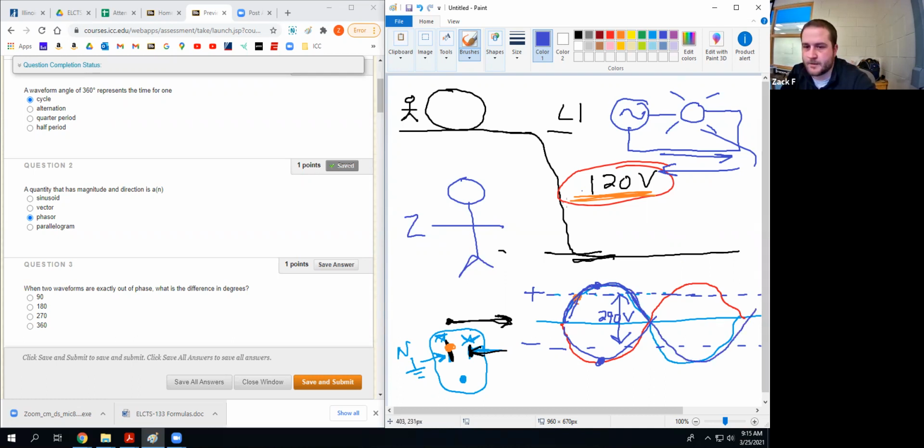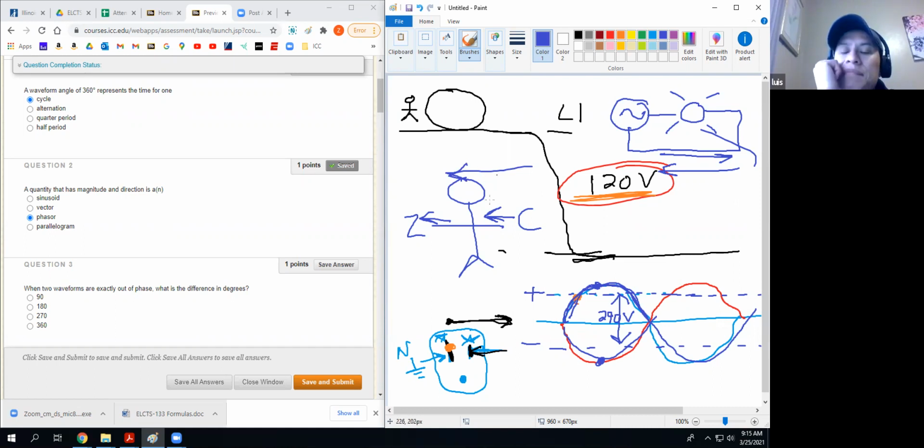And Chris is over here. Chris is the red phase. If it was just me pulling on his arm this way, he'd get 120 volts. If I'm pulling on his arm this way and Chris is pushing on his arm that way, he's got 240 volts in that direction, correct?